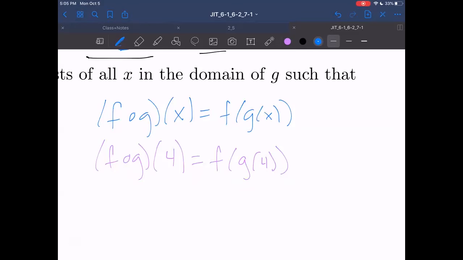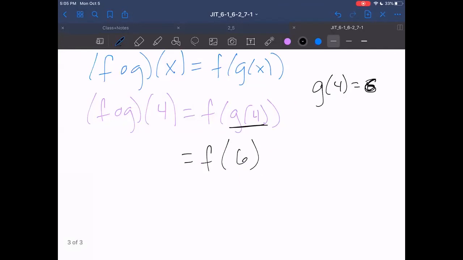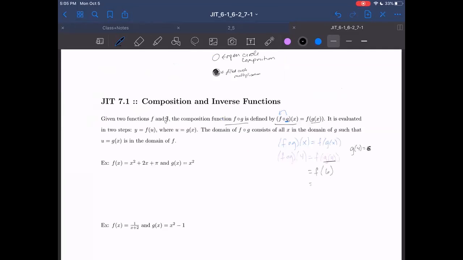I'm going to say, okay, well, what is g of 4? Evaluate that, whatever that is. Let's say g of 4 is, well, let's do 6, so it's not just 1 above. So then we'll do f of 6. So then 6 becomes our x value, and whatever f of 6 is, that's what it equals. Okay, so you do the inside evaluation, and then do the outside evaluation.